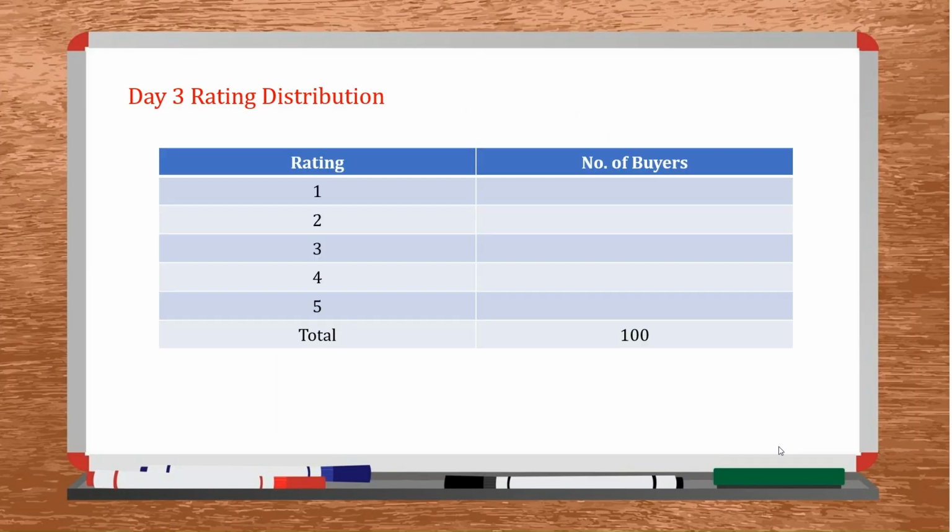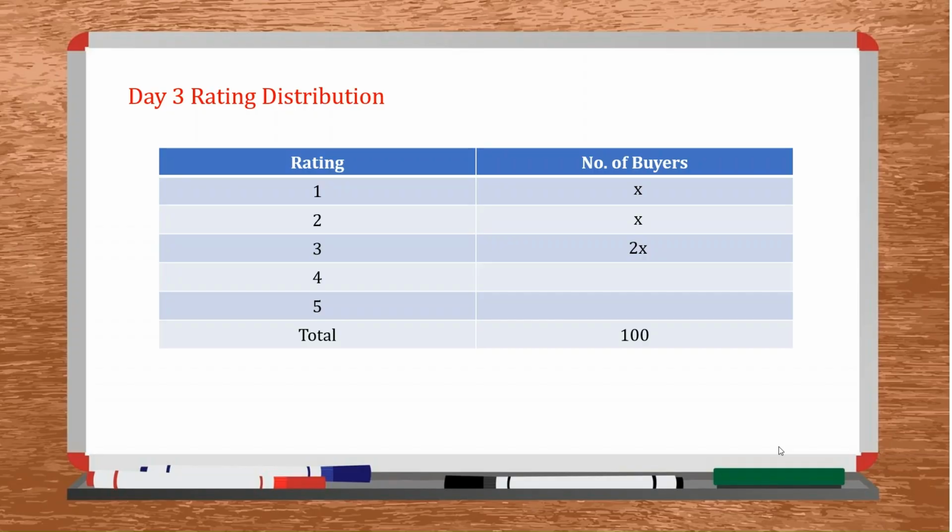Next, we will be looking at the rating distribution on day 3. We know that the buyers who have given rating 1 and 2 are the same in count, and that count is half of the buyers who have given the rating 3. So I'll be assuming the count for ratings 1 and 2 as x, and then the number of buyers who have given the rating 3 would be 2x. Now, the minimum possible value for x is 10 because it's a non-zero multiple of 10.